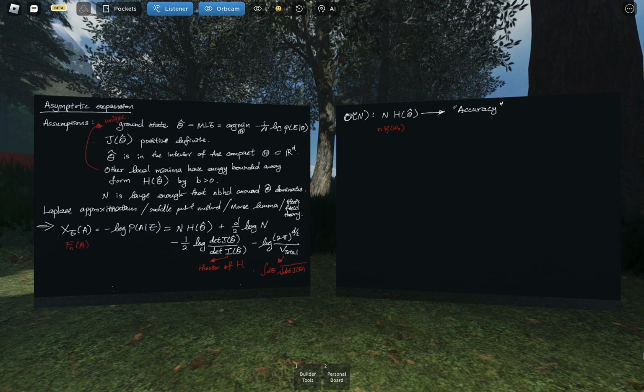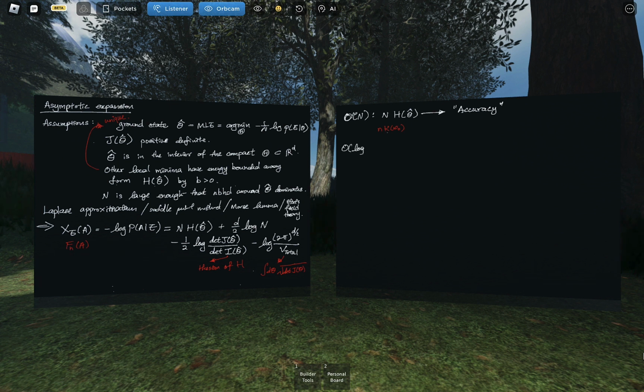And for a regular model, that is guaranteed. Not for a singular model though. So the first term represents accuracy. So that is just how close is the closest distribution in A to the truth. Right. So that description that I just said is closer to the SLT version, but here there is a difference between theta hat and theta star, I guess.